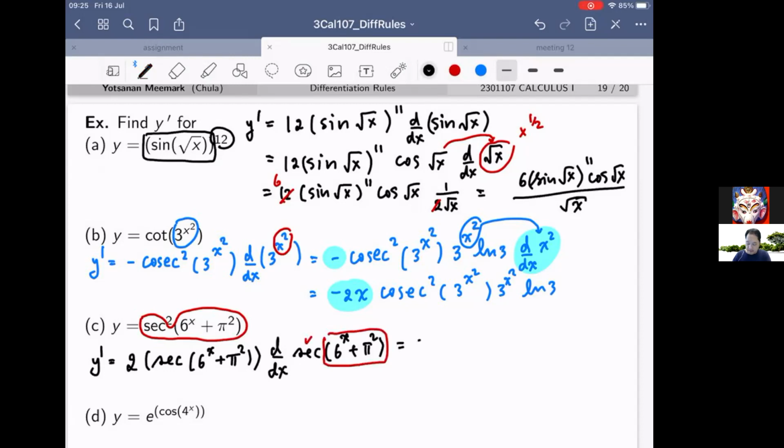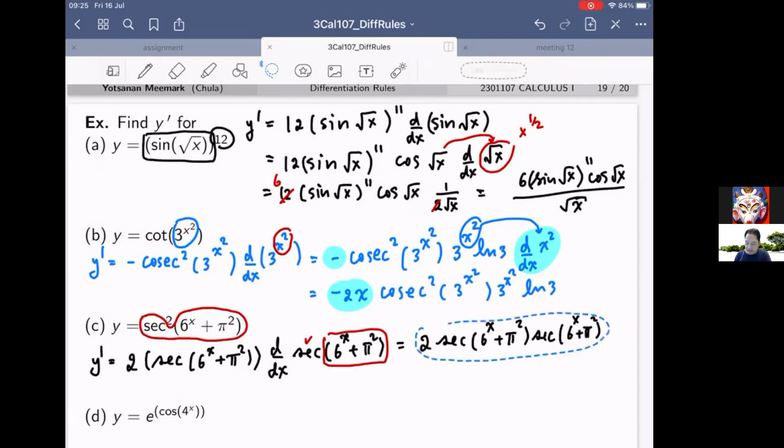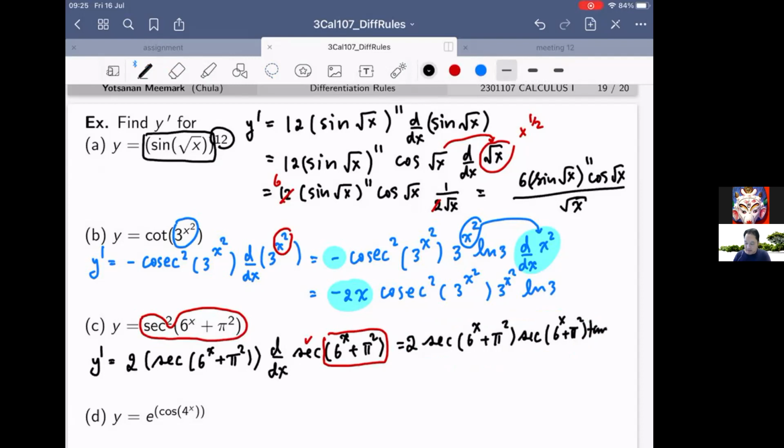So now it is this one copy, and we actually don't really need a parenthesis. Pi squared, and then a derivative of secant, it will be a secant and a tangent. We need to move a little bit again. A secant and a tangent. Let me just move it here.